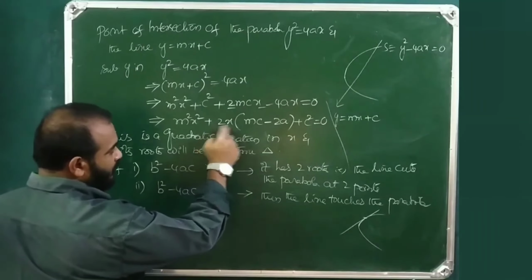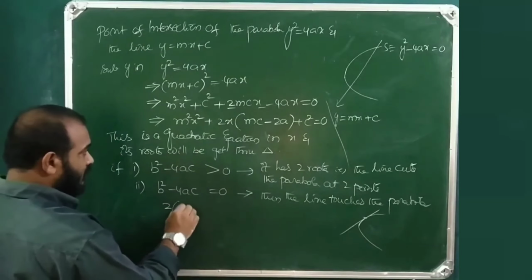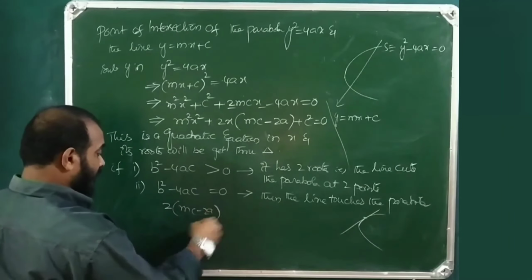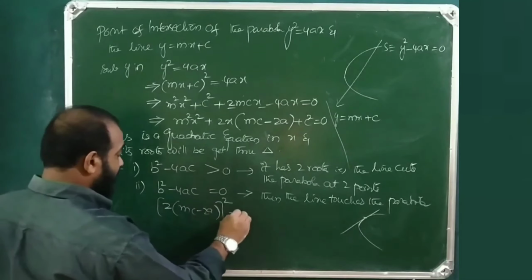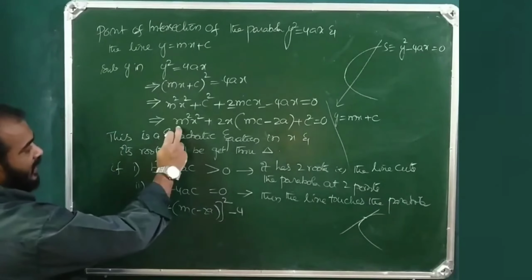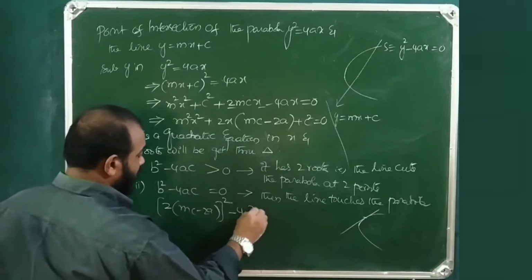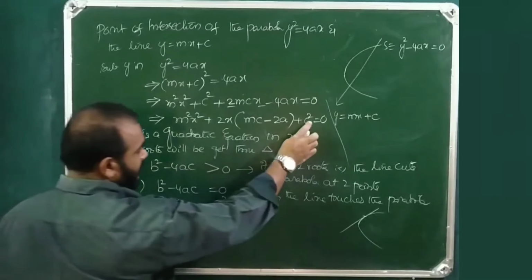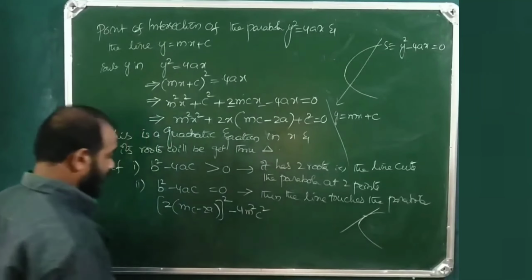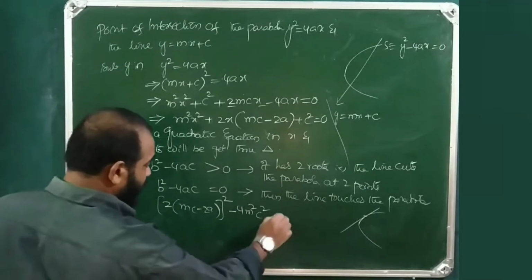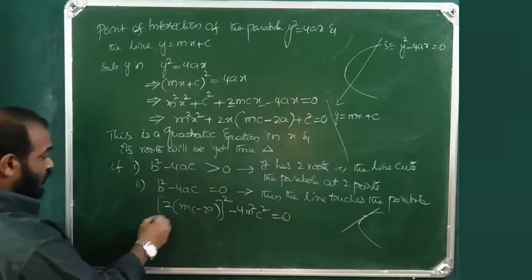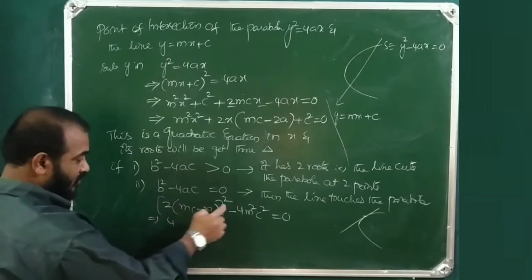The x coefficient is b, so 2 into (mc minus 2a). This is b square minus 4ac, where a is m square and c is c square, and this equals 0.